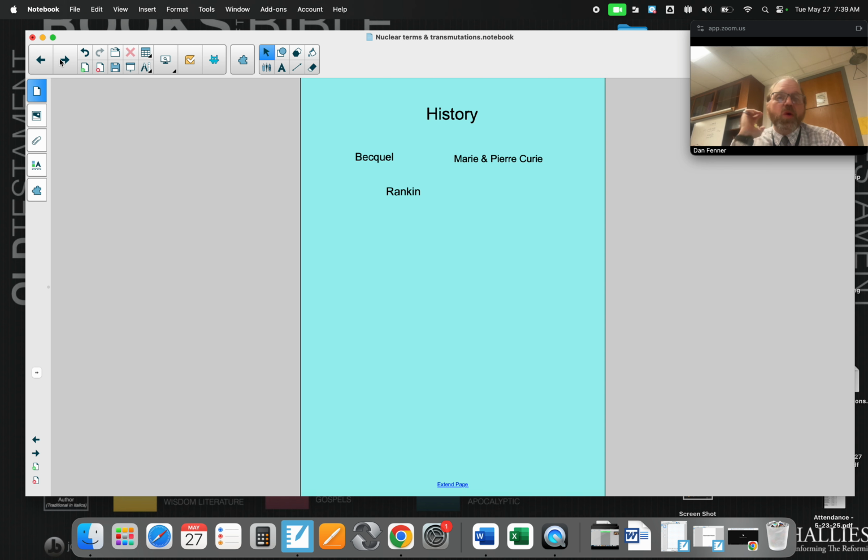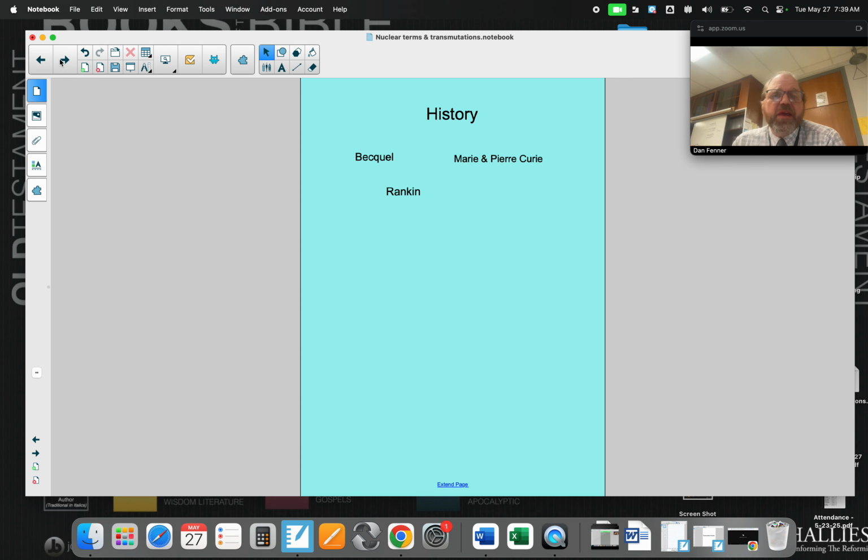Now, a little quick history. There are 4 scientists actually, 3 groups of scientists. Becquerel and the Curies, Marie and Pierre, working in France, did a lot of work with radiation. They all died of cancer, unfortunately, because they didn't know what they were dealing with. They just put uranium and radium and all this kind of stuff in their pockets, and it killed them.